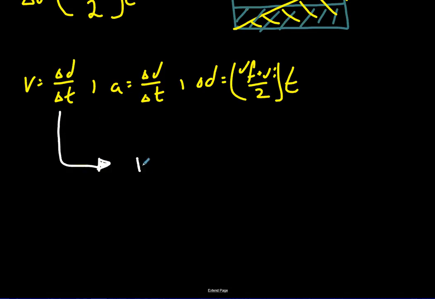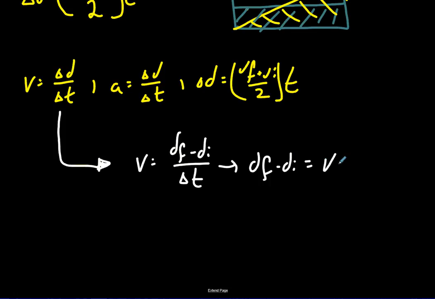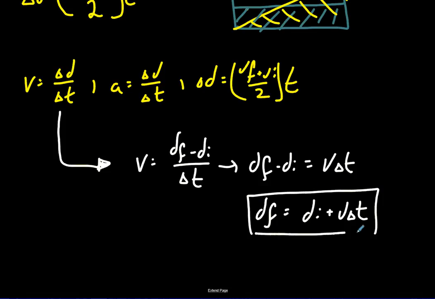We could say this: V equals delta D, but delta D is actually like final position minus initial position. Okay, and this is delta T. So we could do a little rearrange here, and we could say this: dF minus di equals V times delta T, right? So we did that rearranging. We could then just say dF equals di plus V delta T. So we're just rearranging that formula. And we could do the exact same thing with this one.